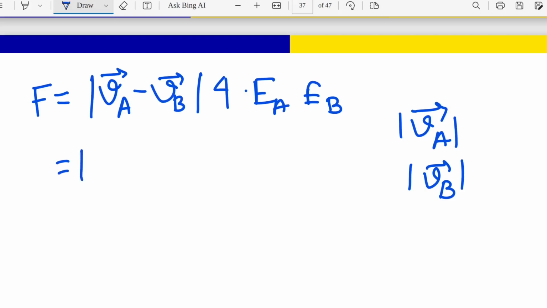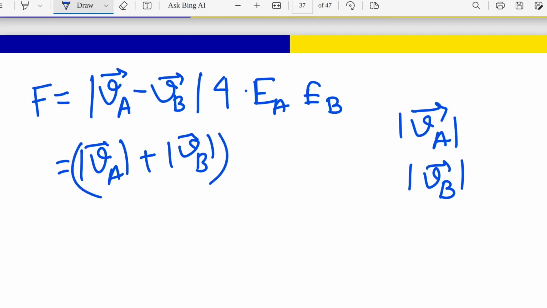So if I put the mod value, it will be mod of VA plus mod of VB, because the momenta are opposite in sign with respect to each other, divided by 4 EA EB.